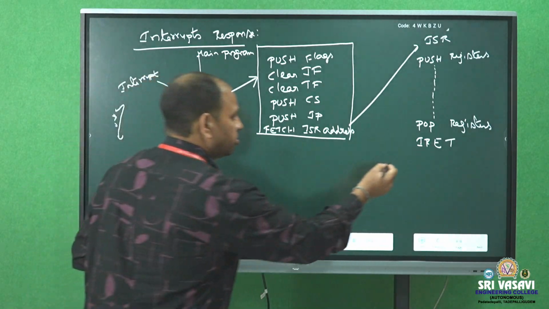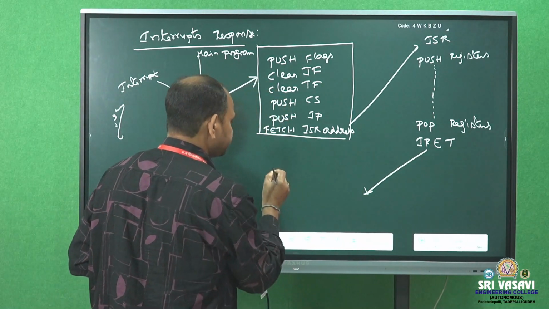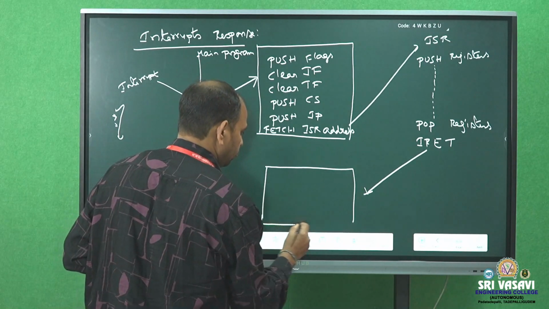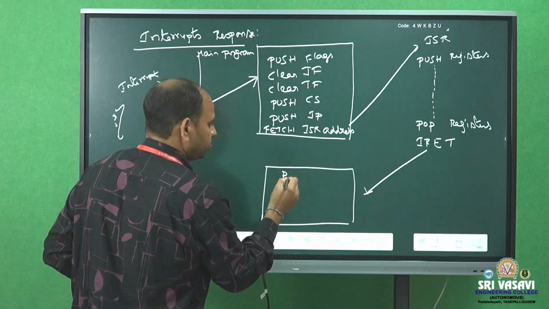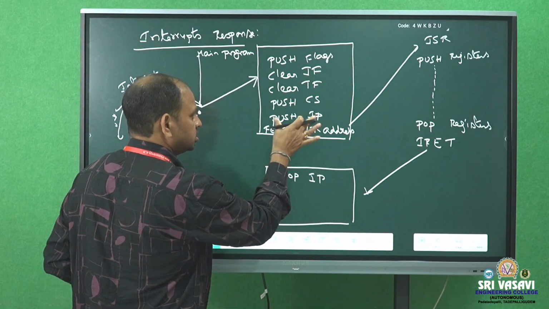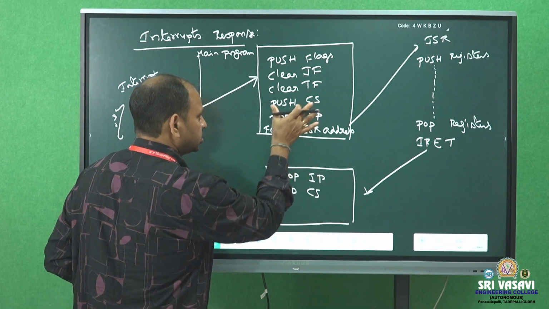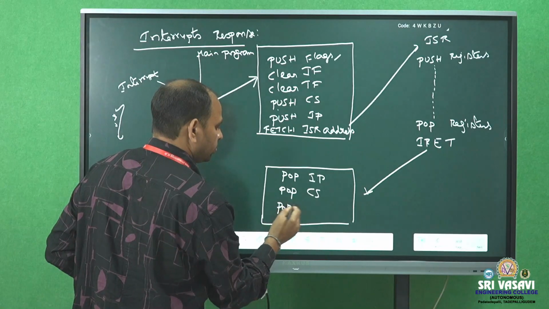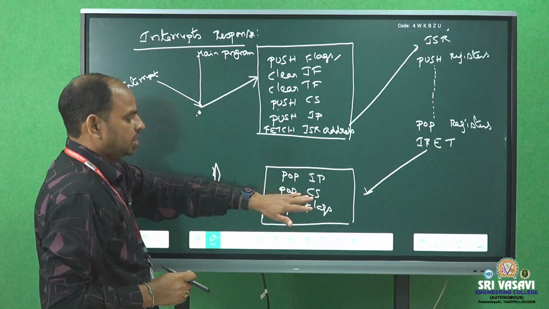Once the IRET instruction is executed, in reverse order it will pop: first the instruction pointer address, next CS, and next the flags.